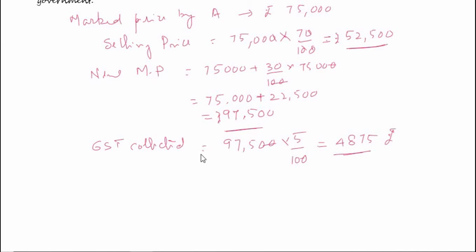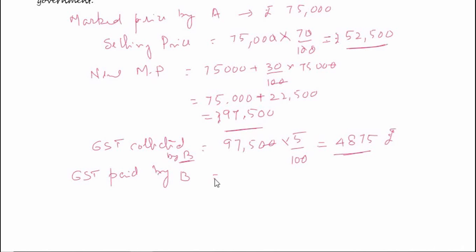So how much GST did he pay? We have not calculated that yet. So let us calculate that. GST paid, this is also by B. He bought the TV at 52,500.